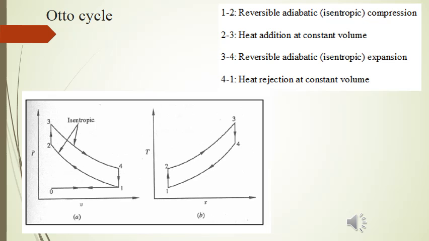One thing more, from the starting of compression, that is from point 1, that is compression process, heat addition process, expansion process, heat rejection process and again to the point 1. A constant mass of working substance is there inside the cylinder.